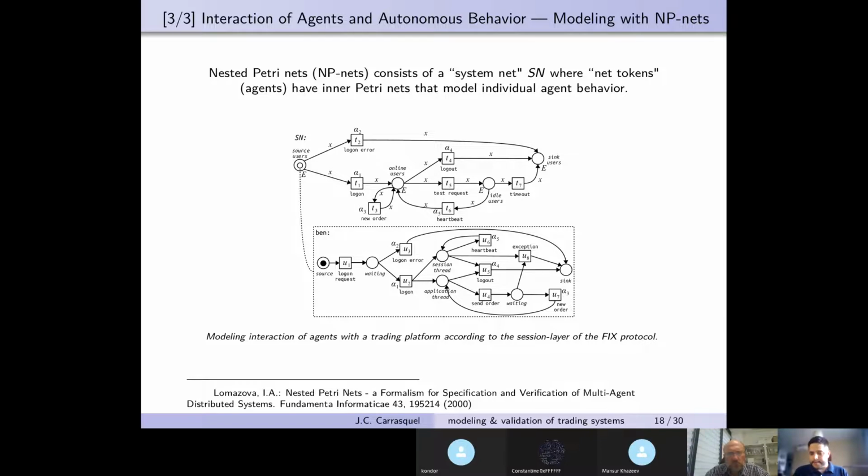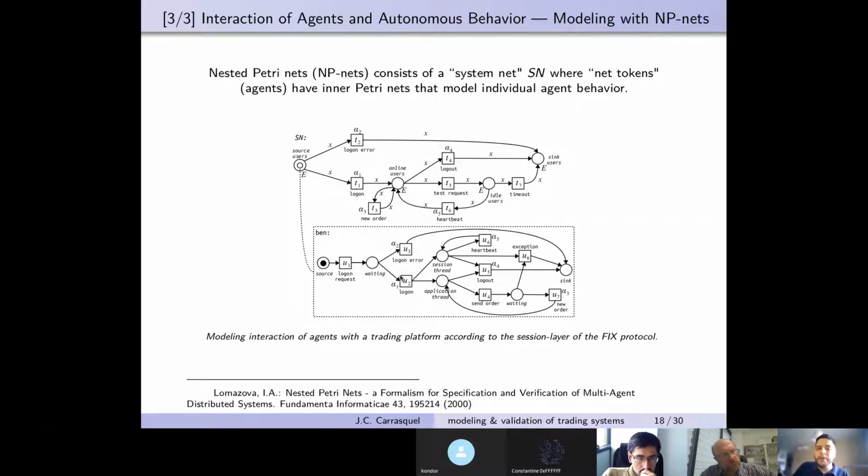It's a kind of Petri-net that consists of a system net, like an ordinary Petri-net. But now the tokens, for example here in SN, we will call net tokens. They will not carry some data. They will carry an individual model, which is an ordinary Petri-net.